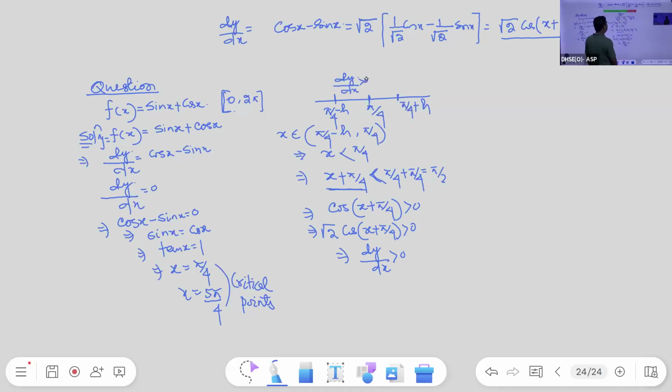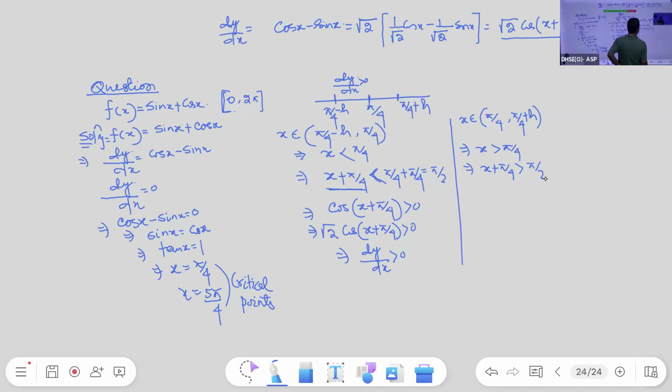Then come to right hand neighborhood of the point x is equal to pi by 4. Let x belongs to pi by 4 to pi by 4 plus h. This implies x greater than pi by 4. This implies x plus pi by 4 is greater than pi by 2.